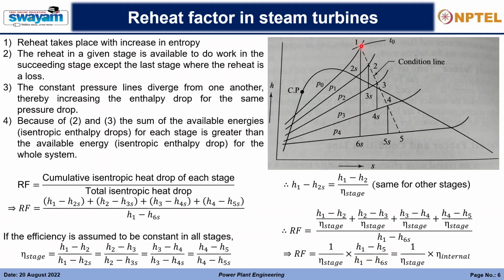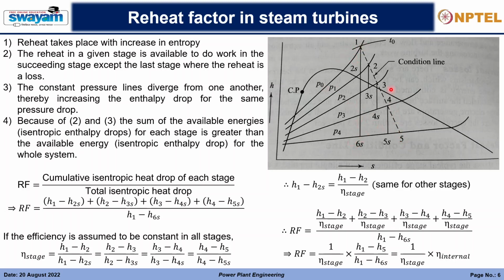Now let us consider that there is no pressure staging. Since it has this internal efficiency, it will expand from 1 to 5 rather than isentropically from 1 to 6s.